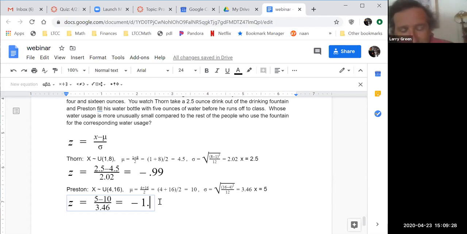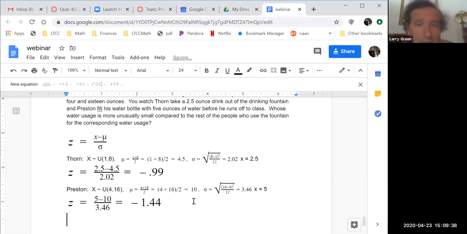We're good. I got my head around 1.5, 1.44 is good enough. Negative 1.44. So now we look at that and we can answer the question.